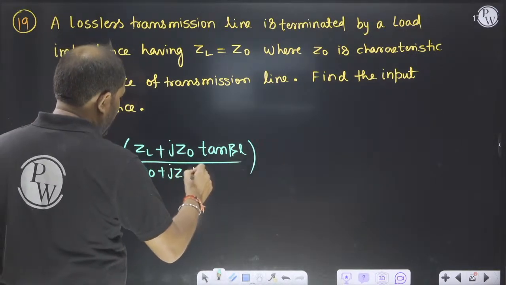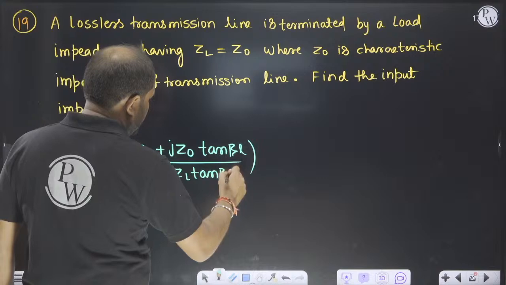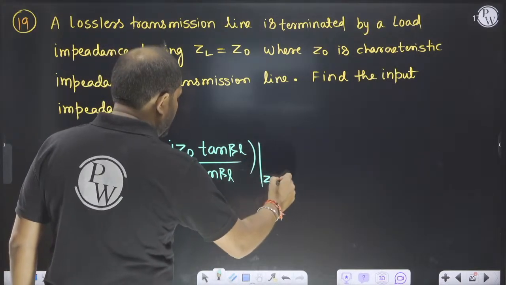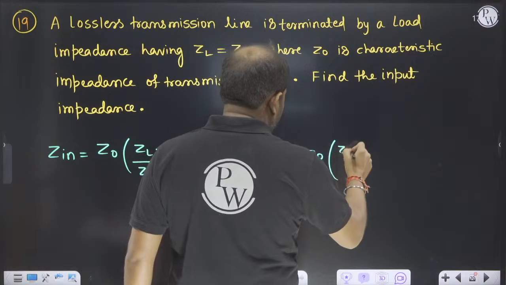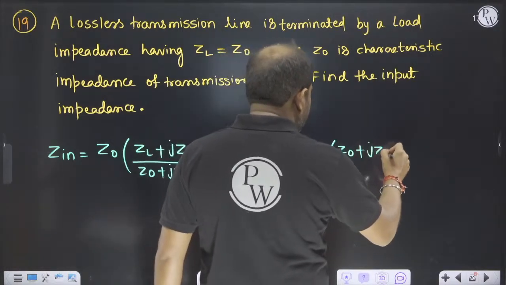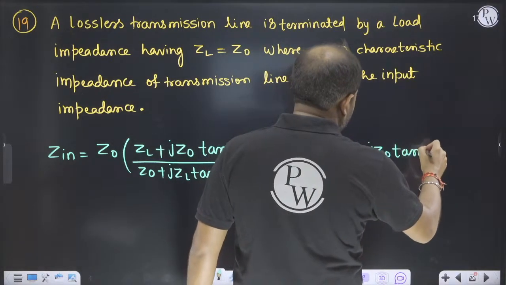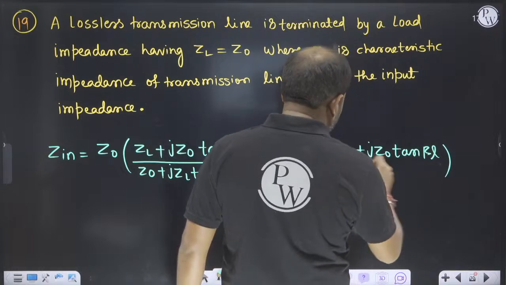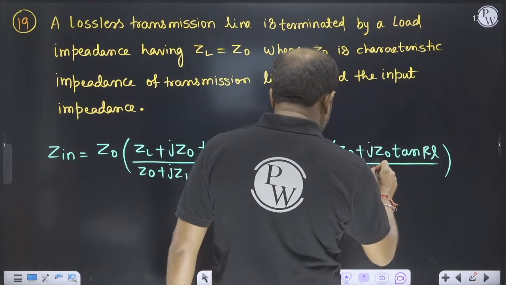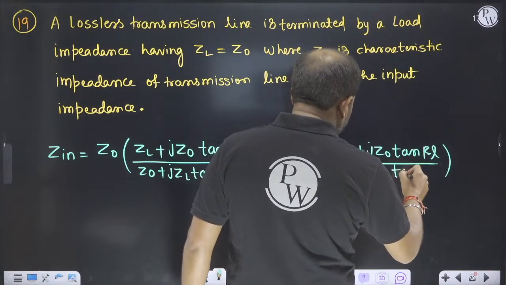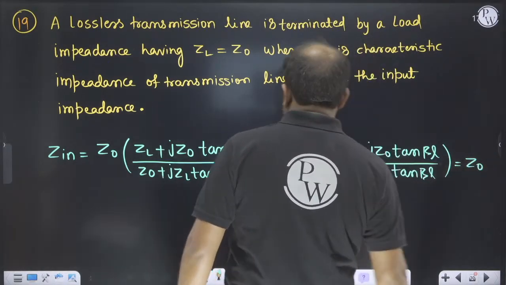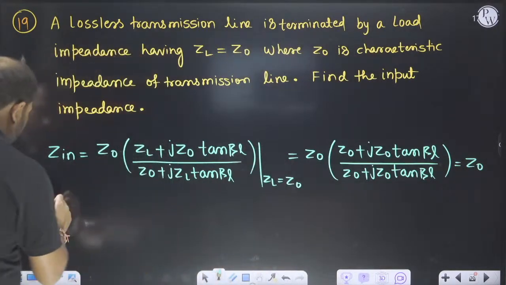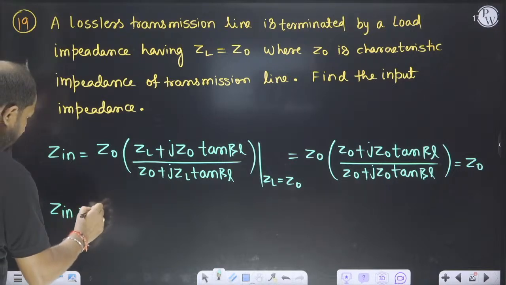I will try to explain. ZL is equal to Z naught. What will it be? Zin is Z naught plus JZ naught tan beta L upon Z naught plus JZ naught tan beta L. So it should be equal to Z naught. So Zin will be equal to Z naught.